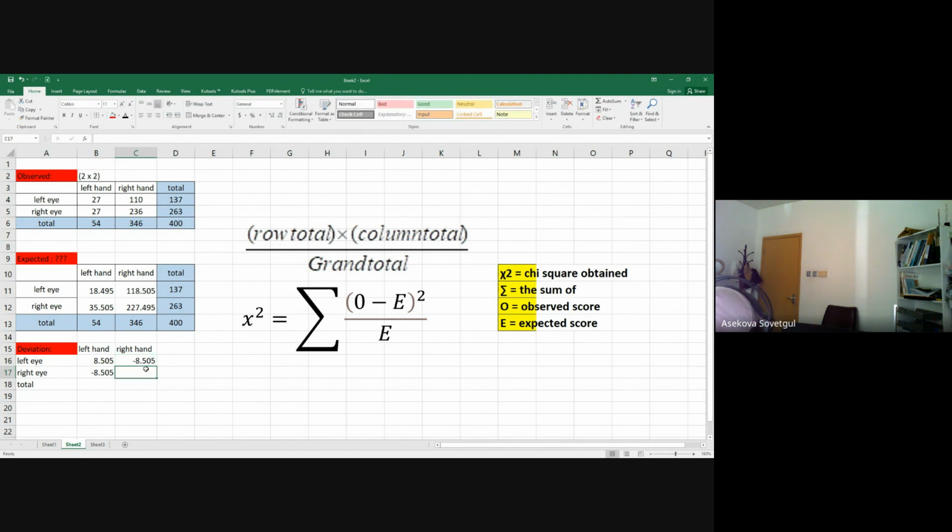Okay. 236 minus 127.9. Okay. So we calculated the deviation for all of them. Surprisingly, it is the same, so we don't need to calculate totals here. So we see that this much deviation is there. We highlight it. So we calculated the deviation also.